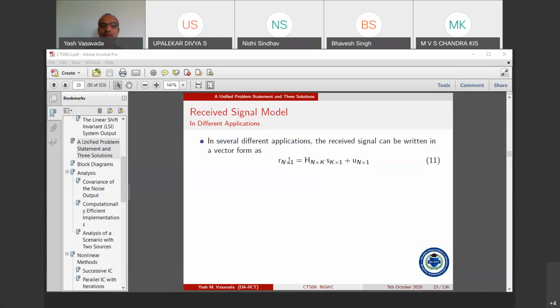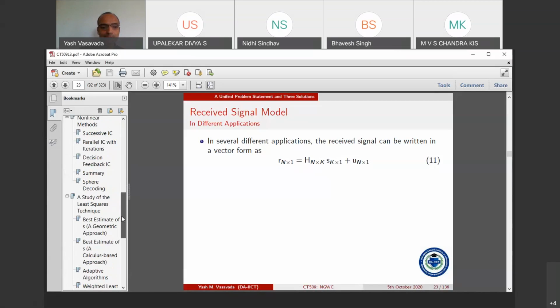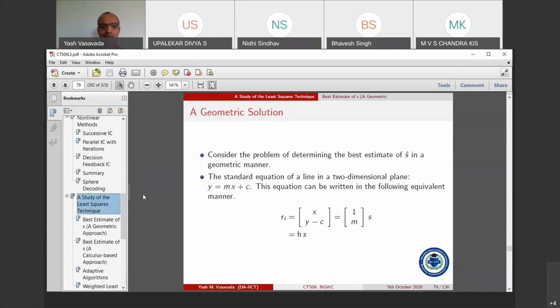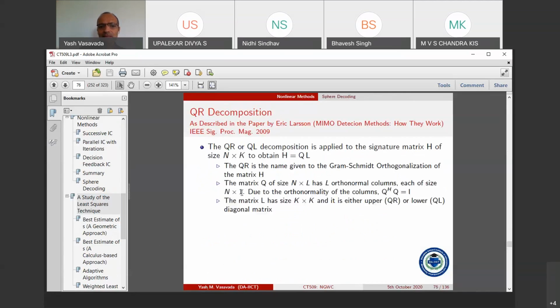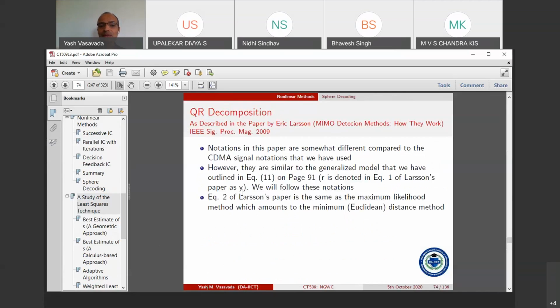And so that is where this sphere decoding comes into play. I want to talk about this sphere decoding because it is a smart way to solve this problem.